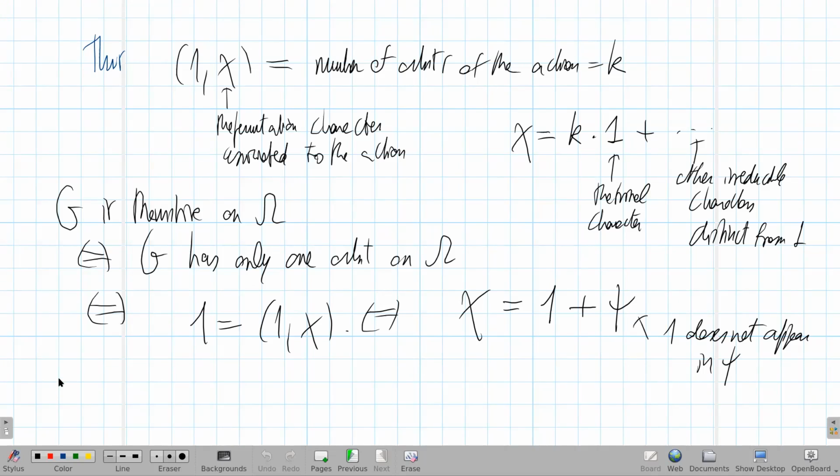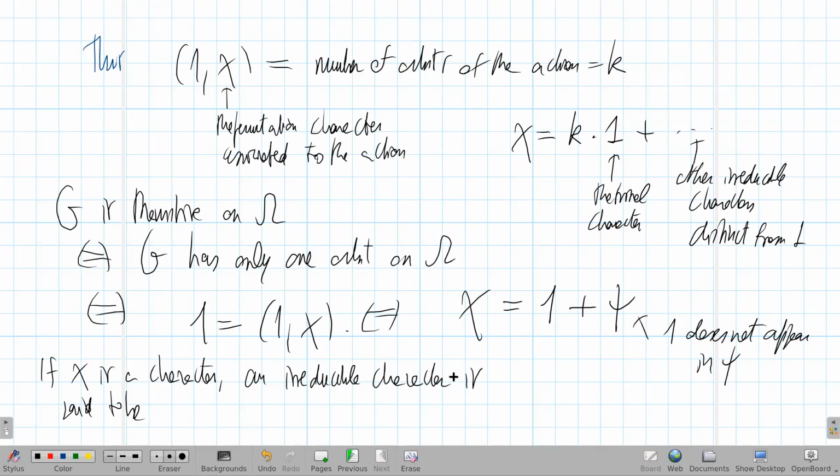Okay, let's put it like this. If chi is a character, an irreducible character psi is said to be a constituent of chi if the inner product is different from 0.